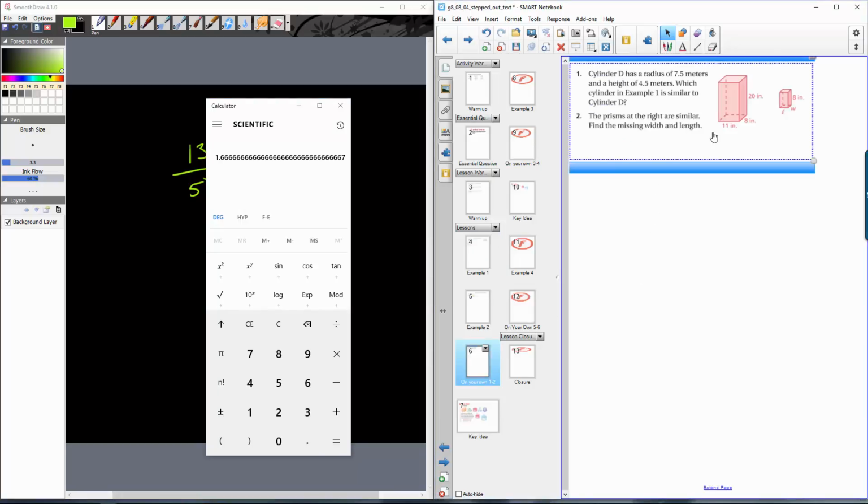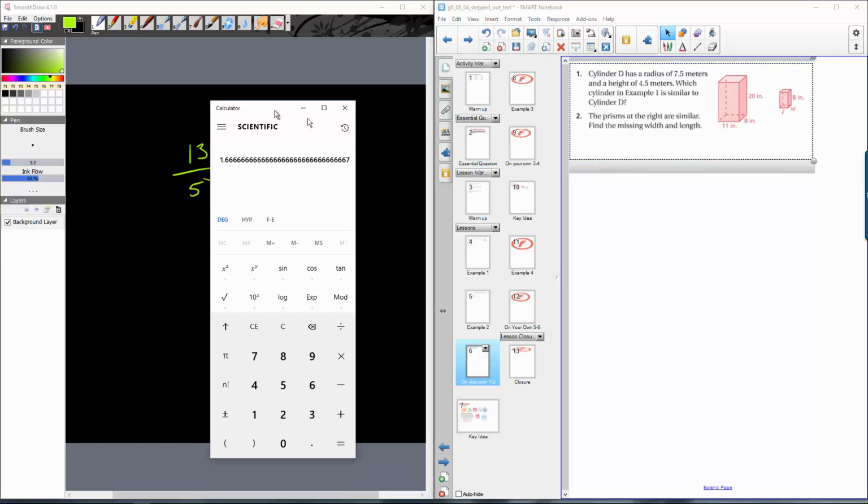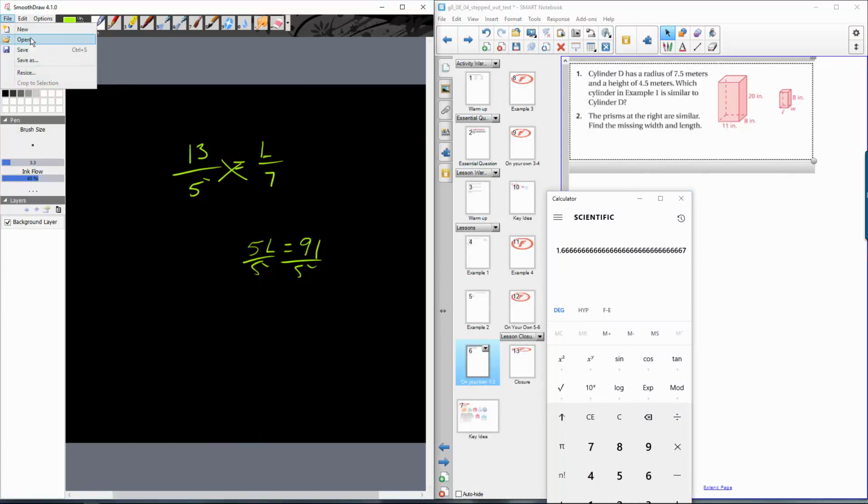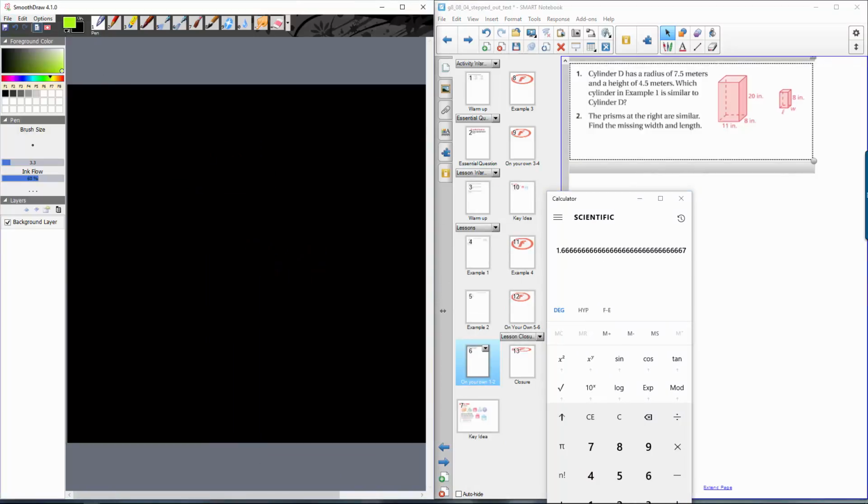And then for this one, it says, are the prisms at right similar? If they are similar, I have to go through here and figure it out. So the first thing I know is I have, let's say it's 20 over 8, and all that I'm looking at is this 20 and this 8.